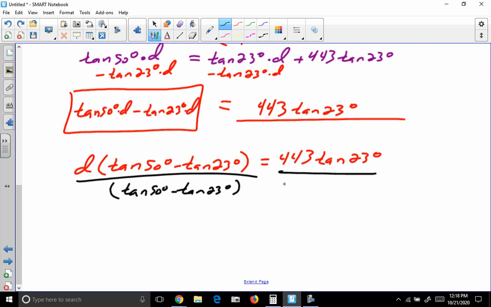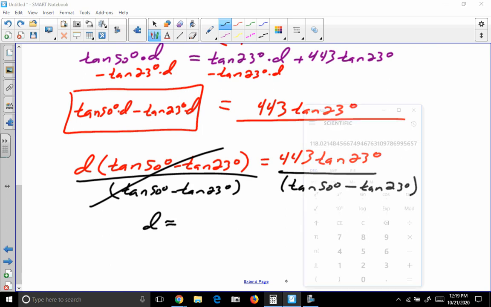Again, we're not going to subtract those angles for the mere fact that tangent is a function and we can't subtract the inputs of functions. We can subtract the outputs but not the inputs. So those cancel, so we can calculate d.